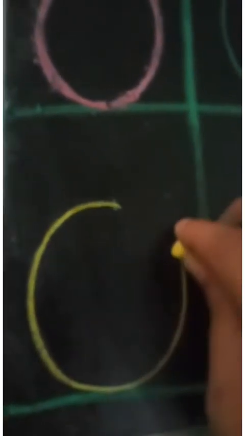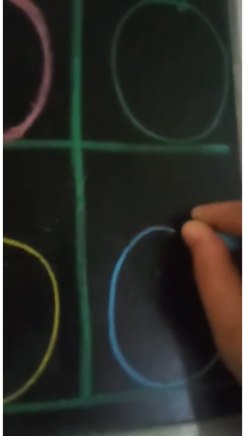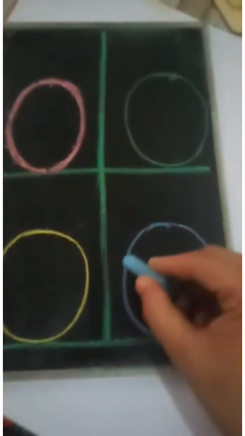Again, 0 is round and round. So this is 0. What is this? 0 is round and round.